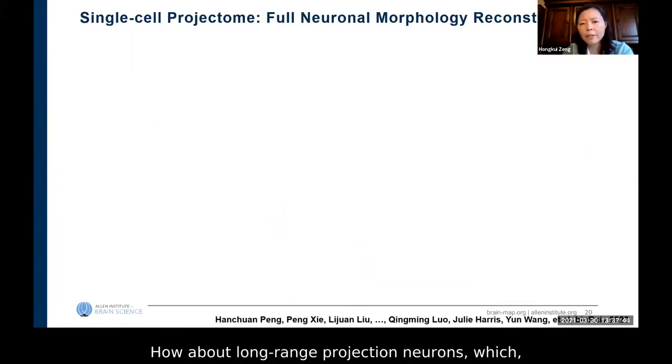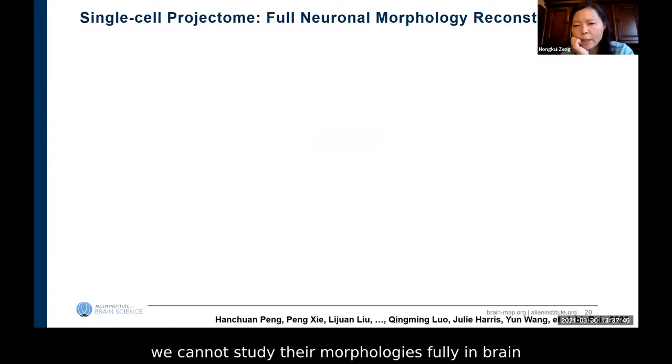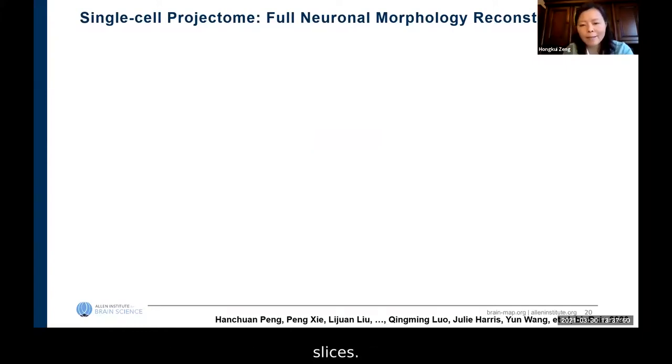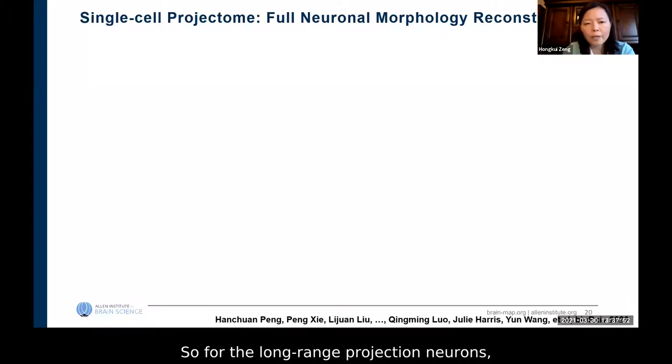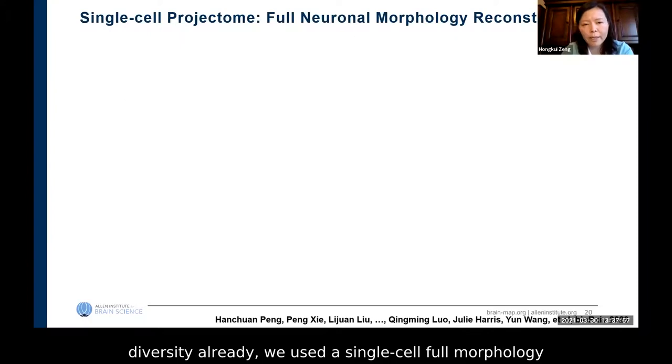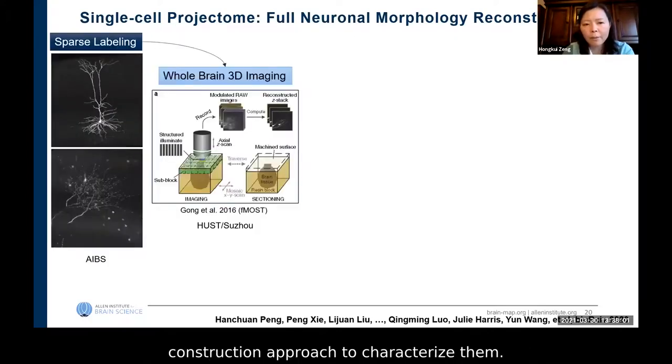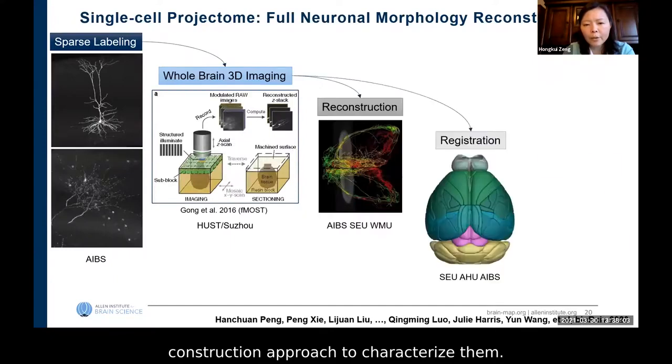How about the long-range projection neurons, whose morphologies we cannot study fully in brain slices? For the long-range projection neurons, which we knew have extensive transcriptomic diversity already, we used a single-cell full morphology reconstruction approach to characterize them.